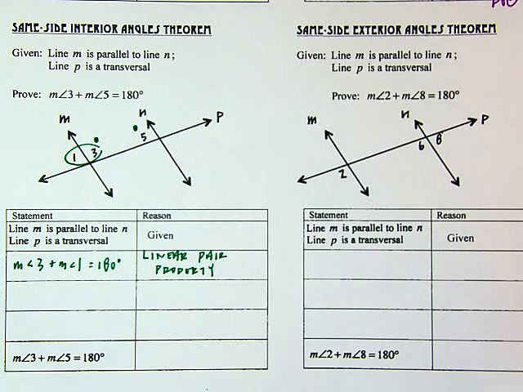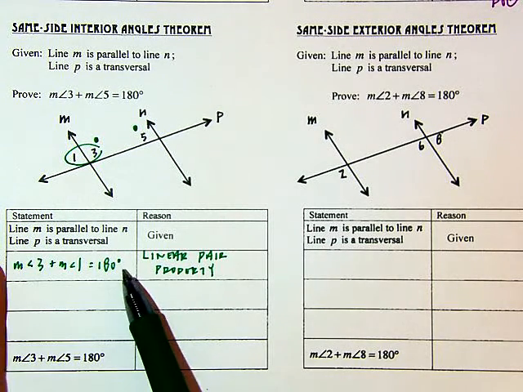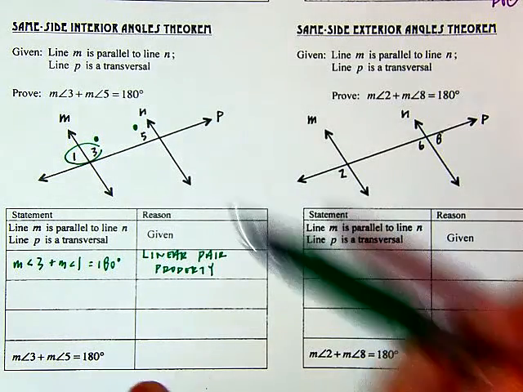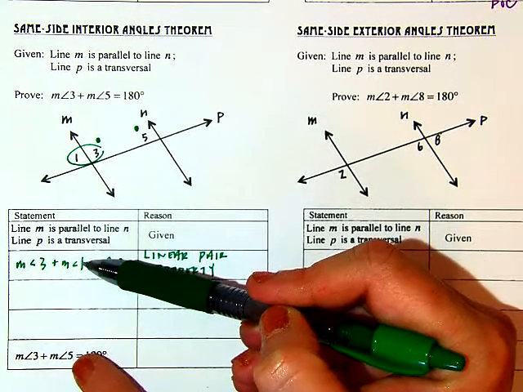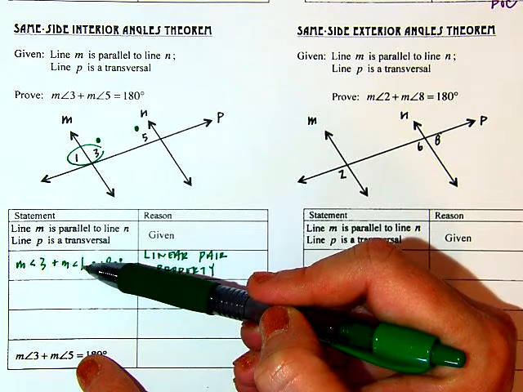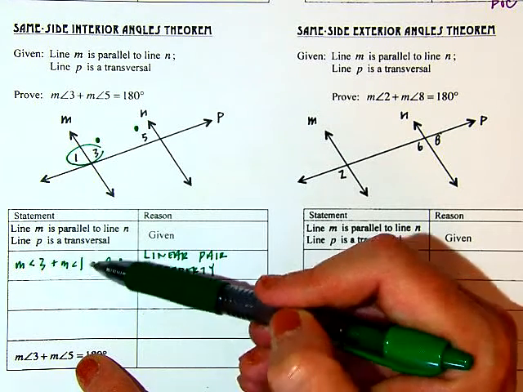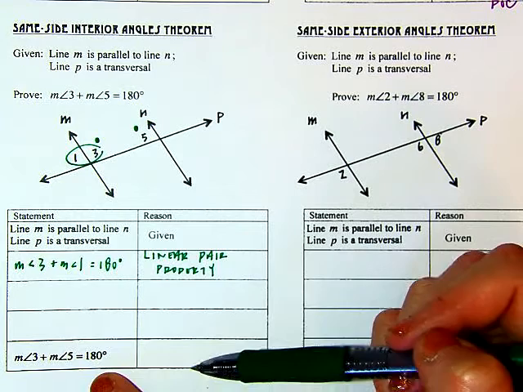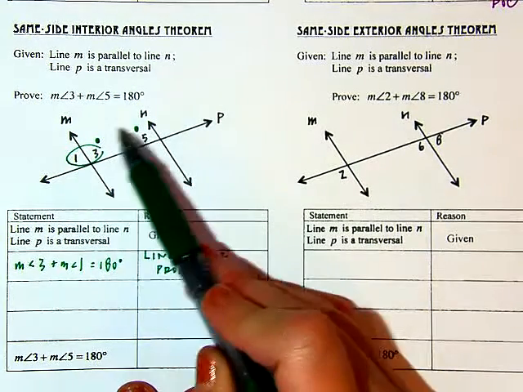That's fine. So now when I look at my step right here and look at where I'm trying to get to down here, the only thing that's different is that here I see a 1 and here I see a 5. So I need to swap out this 1 with this 5 down below. When I look at my picture, how are 1 and 5 related?